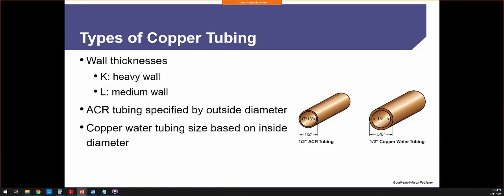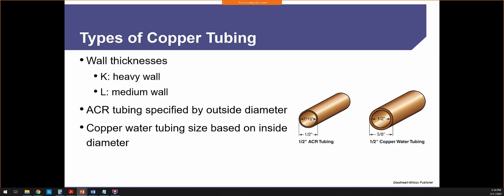All right. ACR tubing is specified by the outside diameter. What that means is if I want a 7/8 ACR tubing, the outside diameter of that is going to be 7/8, as opposed to if I were to get a 1/2 inch L copper tubing, my inside diameter is going to be 1/2 inch, whereas the outside is going to be 5/8.